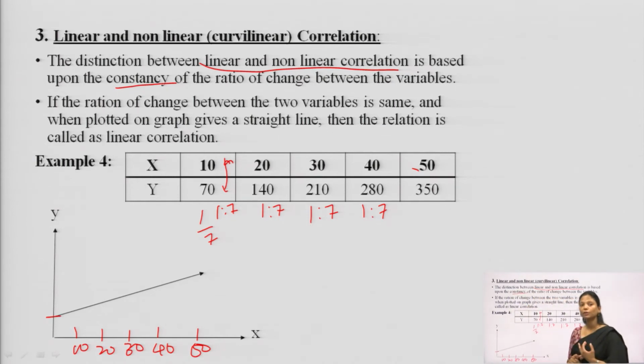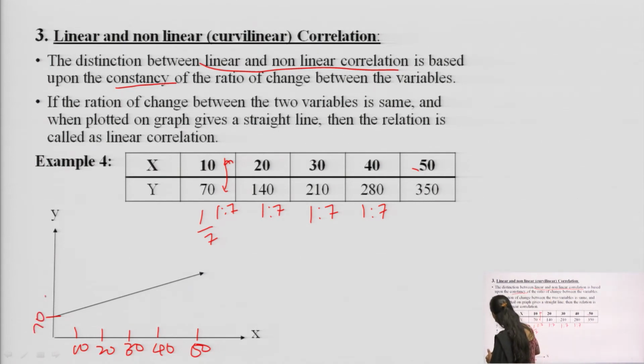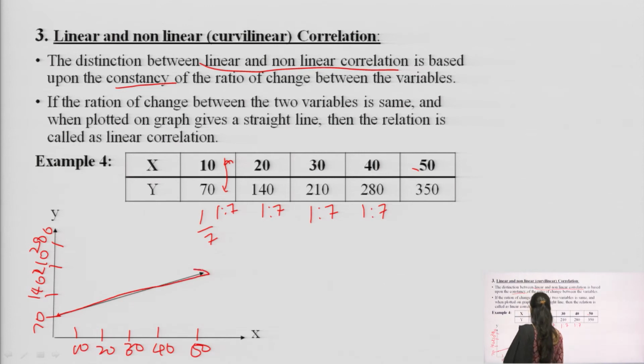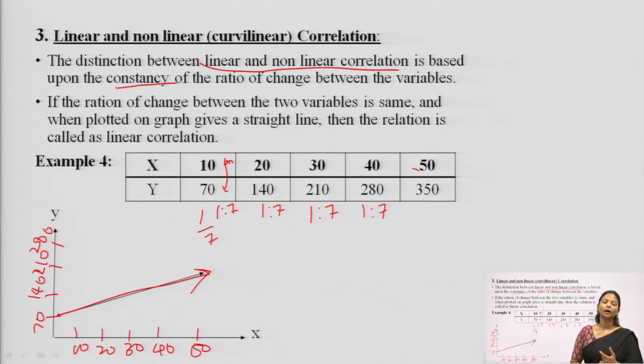It is also positive because we see that x is increasing and y is also increasing. So, they both are increasing in the same direction, and the ratio remains the same between the two different variables for the product. So, they are called a linear correlation. If I plot it onto the curve, I have this kind of a line which is called a linear curve.